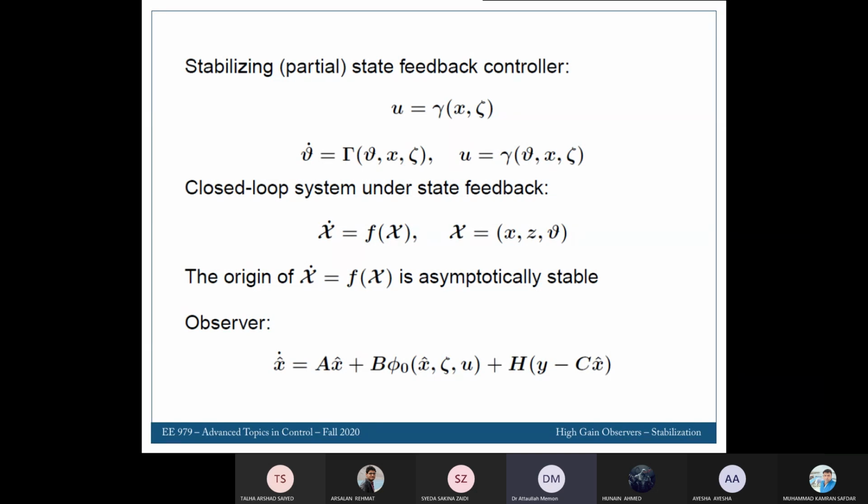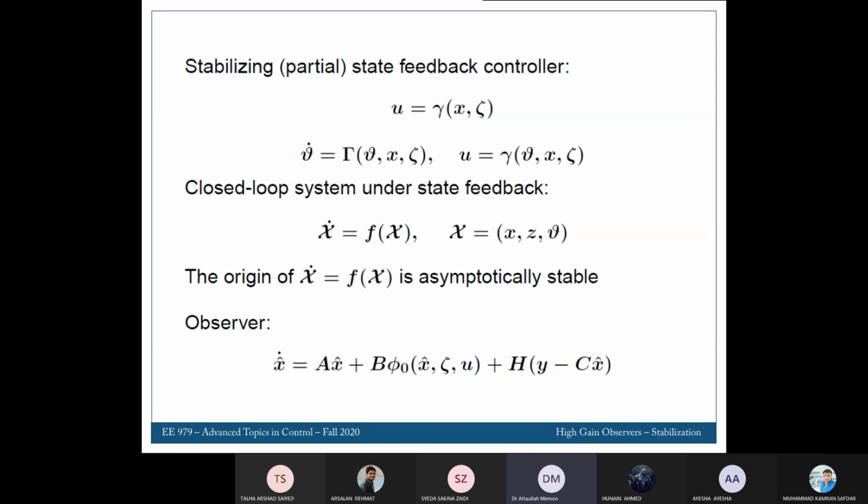Now, to make that discussion compact, let us consider that we design a partial state feedback controller for that kind of system. We will have to follow some steps.